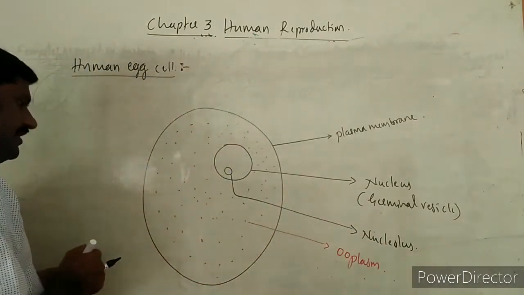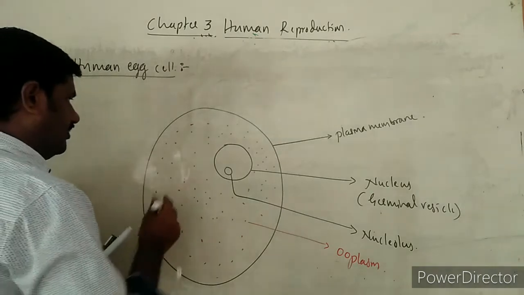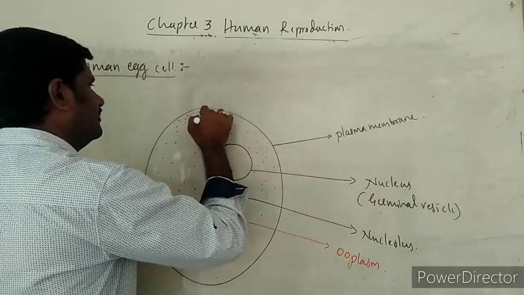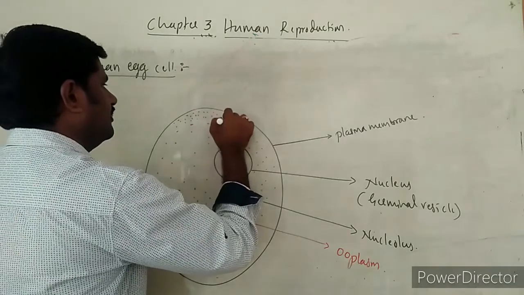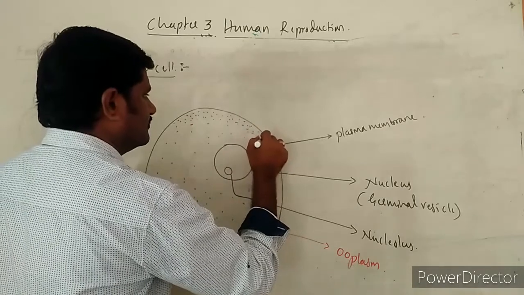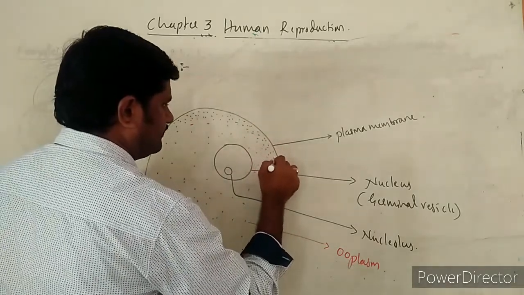Inside the ooplasm, you come across granular structures below the plasma membrane.